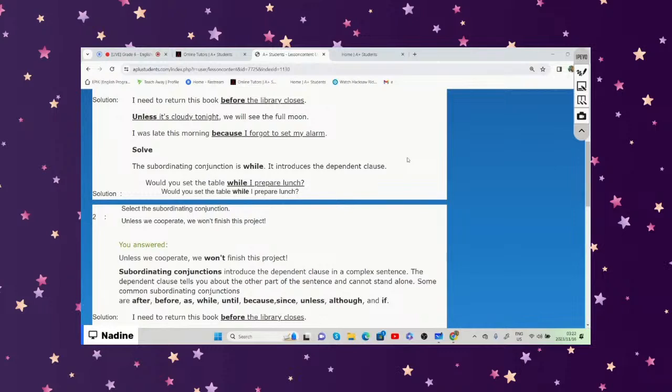All right, so when we select the subordinating conjunction, we then say it is unless, right? So this is our subordinating conjunction. And unless we cooperate is our dependent clause, because it introduces the dependent clause.